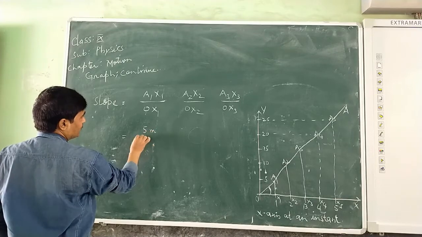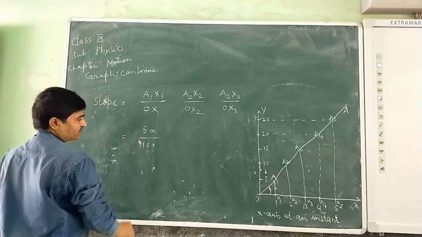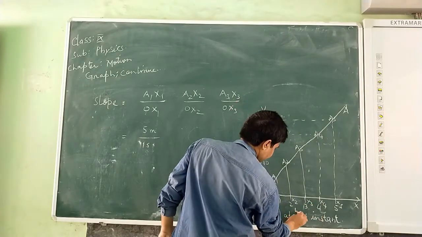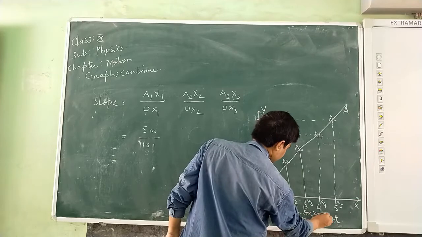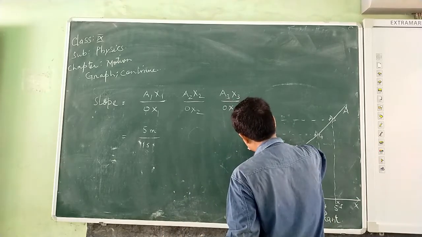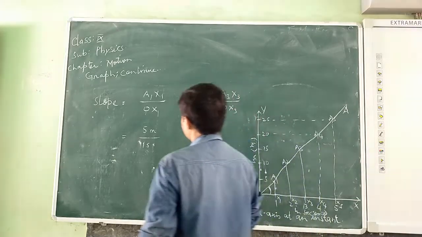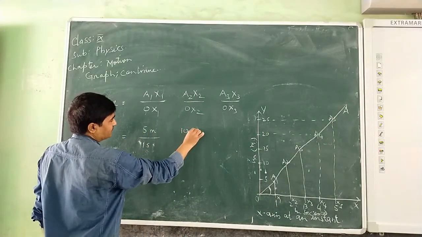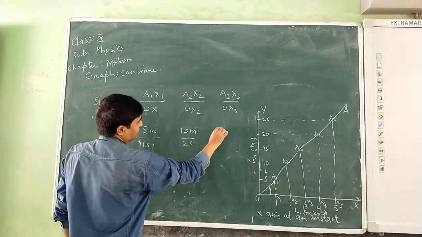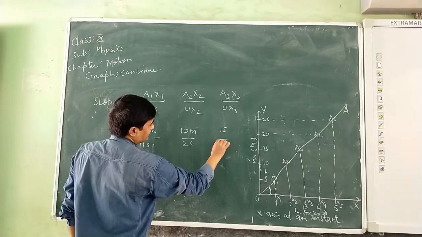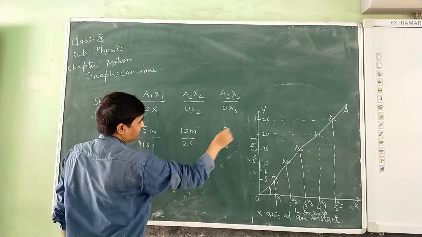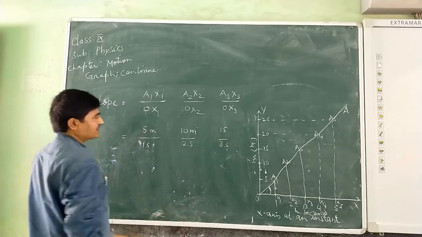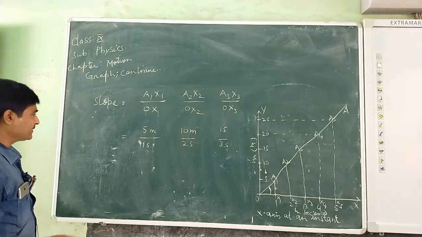5 meter, OX1 1 second. These are time intervals: 1 second, 2 second, 3 second, 4 second, in second, and distance in meter. 5 meter by 1 second, 10 meter by 2 second, 15 meter by 3 second, 20 meter by 4 second, 25 meter by 5 second.